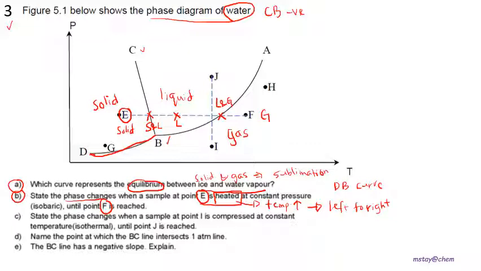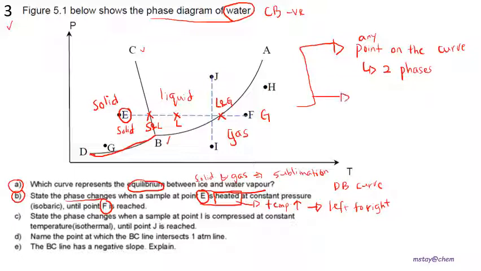So from this simple example, we can say that if the point is on the curve, any point on the curve, they are going to have two phases. While if the point is in the region, it is referring to one phase only.